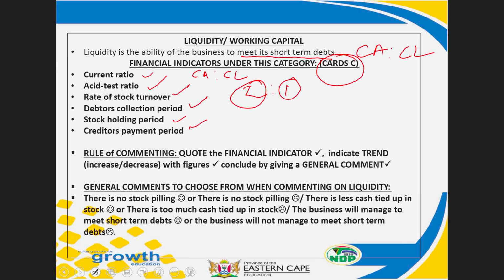Meaning that we can afford to meet our short-term debts. In that case, that would indicate that the business is in a good liquidity position. But don't forget that the current ratio alone cannot indicate to us that the business is in a position of meeting the short-term debts.